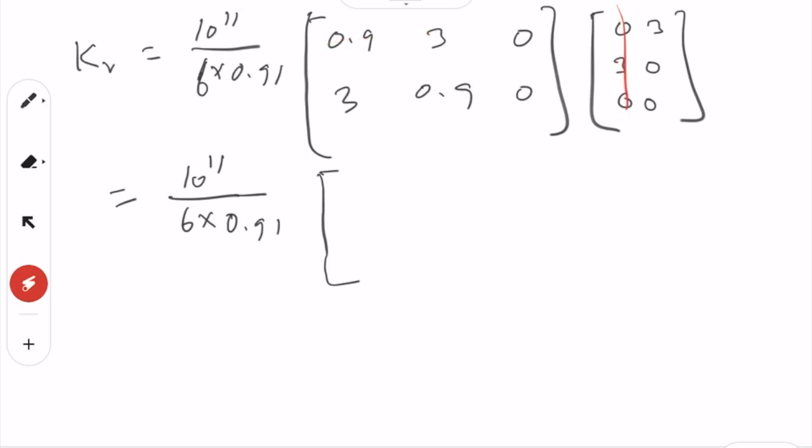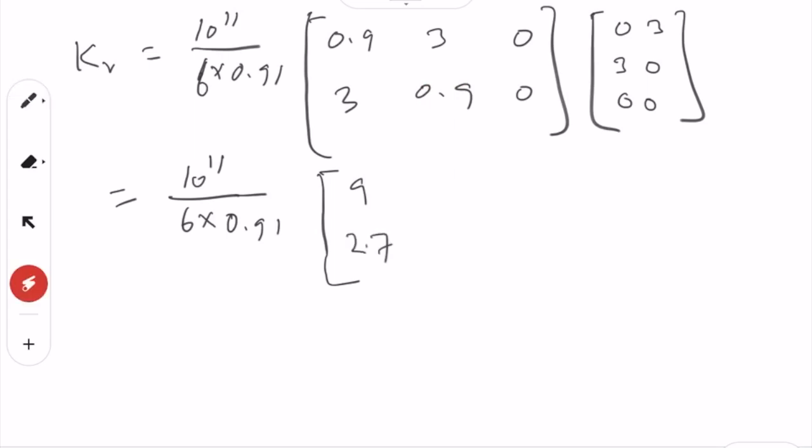This multiplied by 0, this multiplied by 0, so only this is 3. First this multiplies to this, then this multiplies to this one. So all this becomes 0, only this, multiplied by 3. So we get 9 here, and this one we get 2.7.